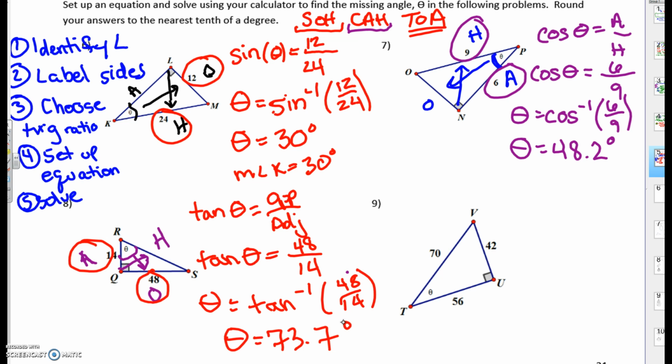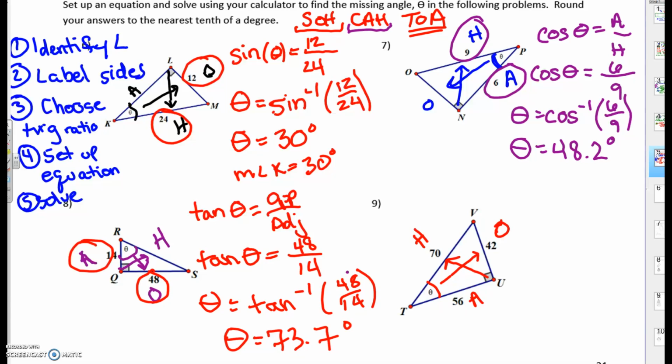Now, number 9, I'm looking at this. We always start off by identifying my angle. My angle is here. That's the theta. Opposite of theta is 42. Opposite of my 90-degree angle, that's my hypotenuse. That's 70, which leaves the 56 as the adjacent. They've given you all 3 sides, so you can choose which ratio you want to use.